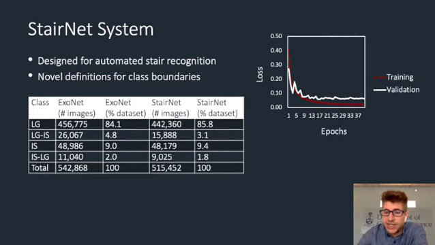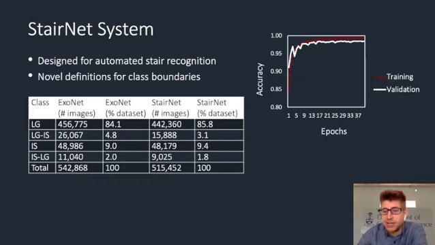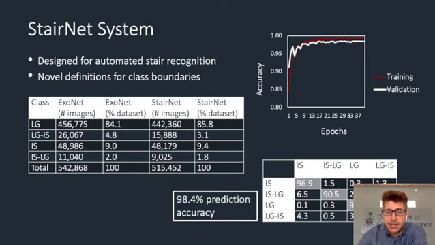We then trained and tested the MobileNet V2 network on StairNet for image classification, and our resulting multiclass confusion matrix showed that our system was able to achieve over 98% overall prediction accuracy on these complex real-world stair environments.